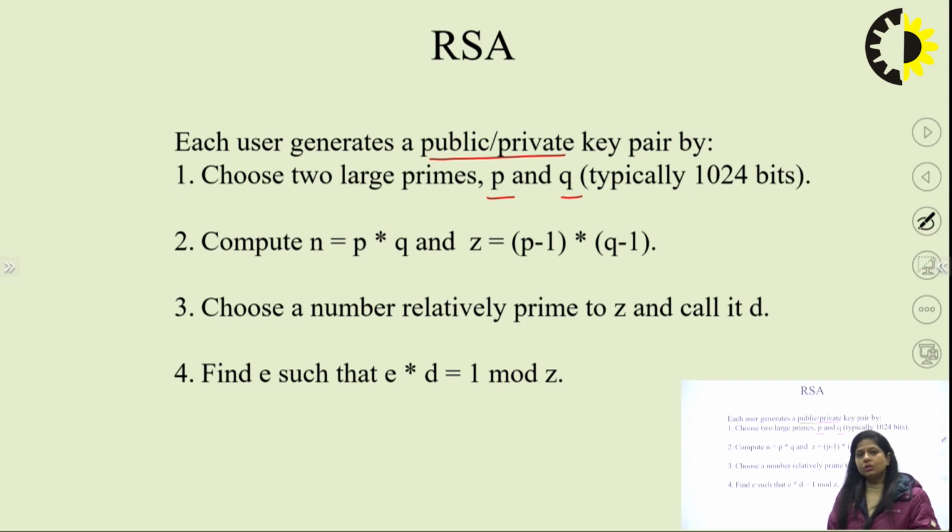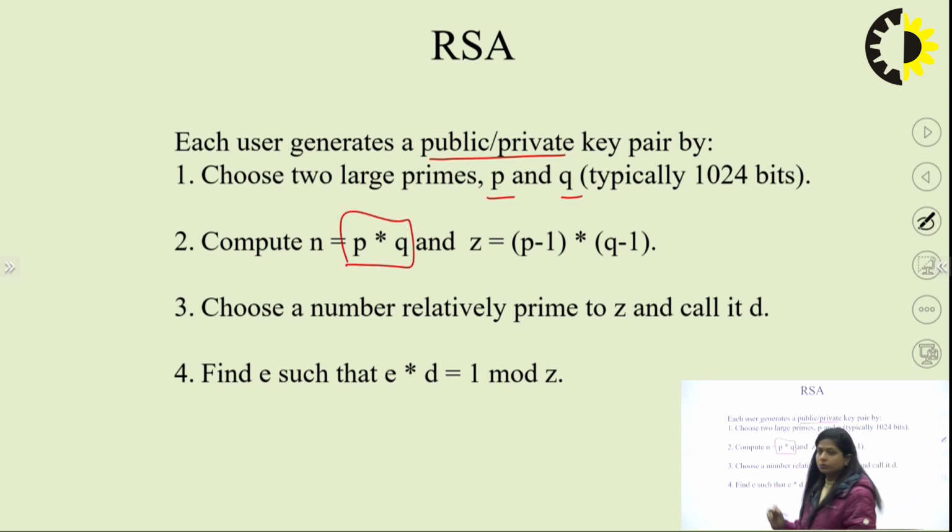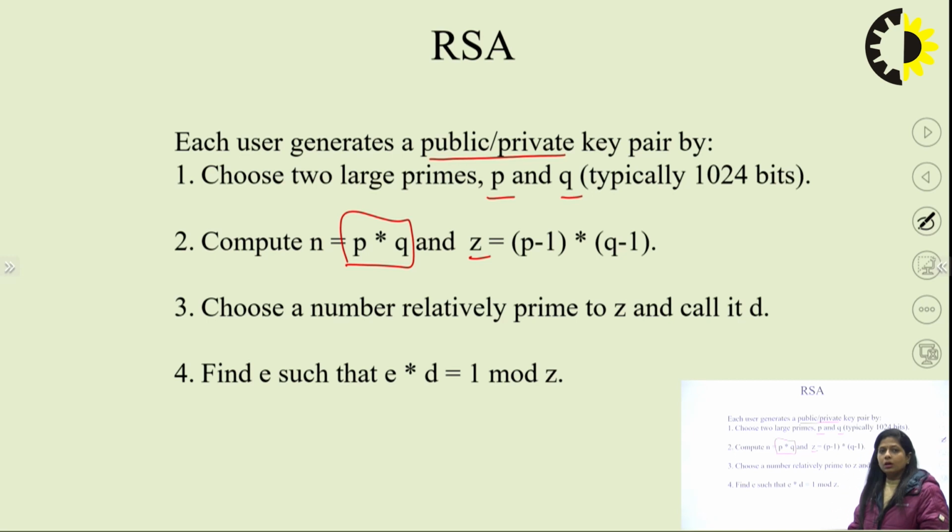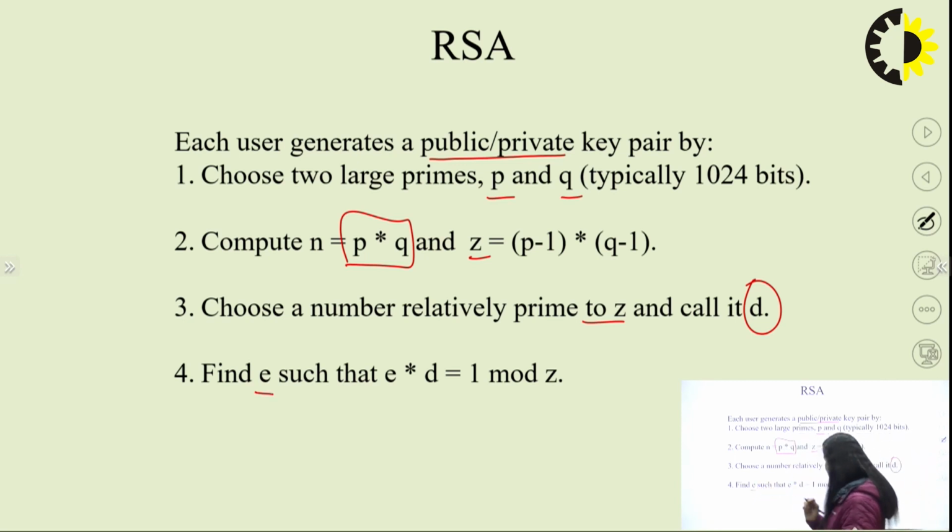Now after choosing two large primes, compute n. N is equal to P times Q. Then compute Z equal to (P minus 1) multiplied by (Q minus 1). Now choose a number relatively prime to Z and denote it by D. Find E such that E times D is equal to 1 mod Z.